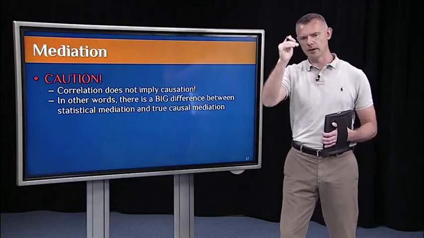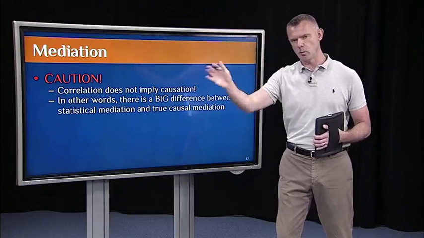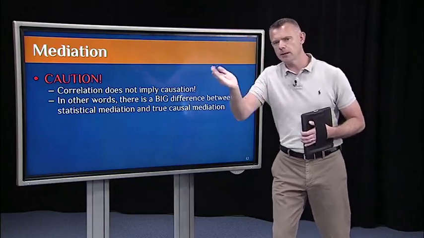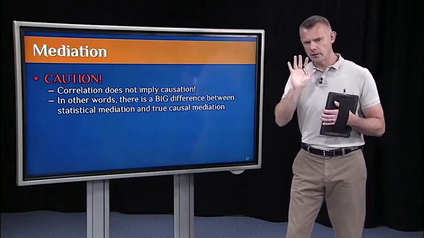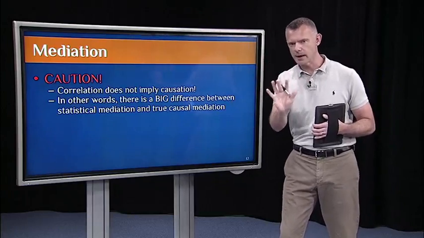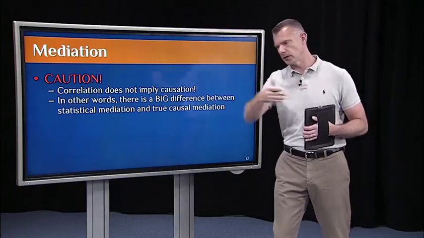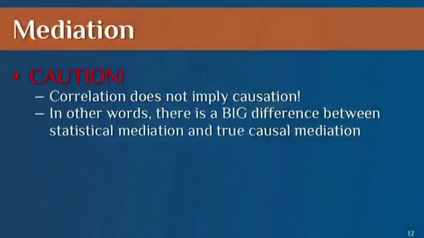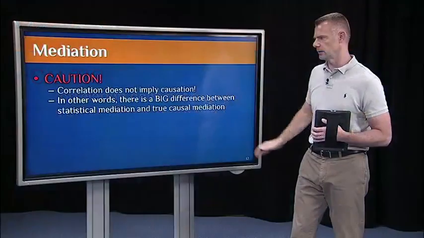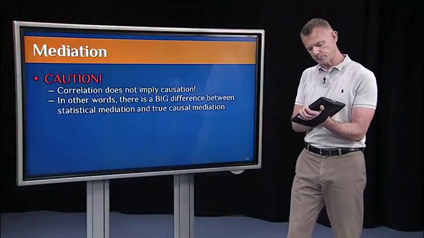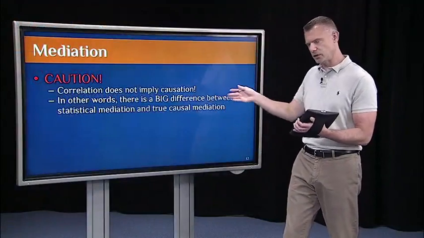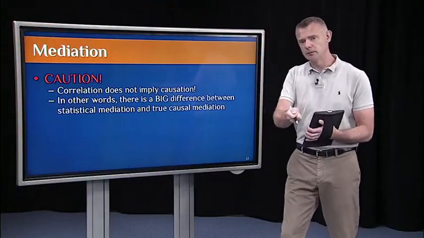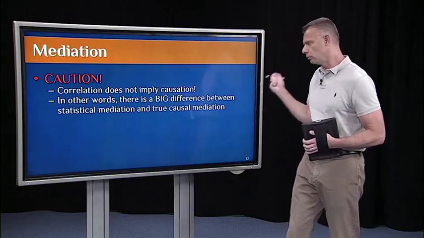So x is correlated with the mediator, and the mediator is correlated with y, so it might look like a causal chain. But if it's purely correlational and cross-sectional, that is, not conducted over time, then you still can't make strong causal claims from mediation. So be careful, especially as consumers of statistics. People often slip and make that mistake. I like to make the distinction between statistical mediation, which is what we'll see here, and true causal mediation.